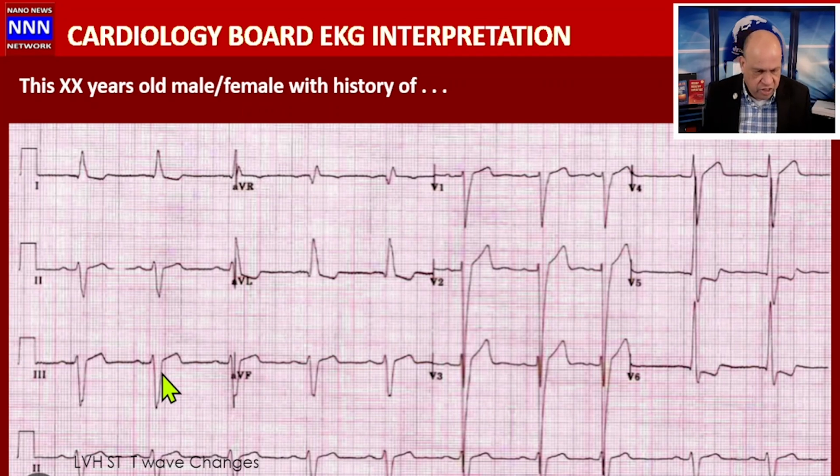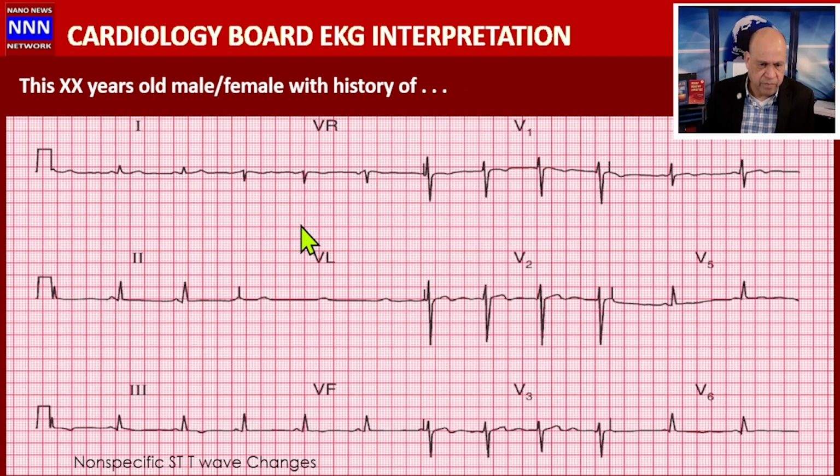It's less than 60. So we have sinus bradycardia, left axis deviation, left anterior hemiblock, left ventricular hypertrophy with strain, and the QRS interval is greater than 100 milliseconds, so I would also put in intraventricular conduction delay. Those are some of the things which I see. If you see anything else, please do make a note in the comments.